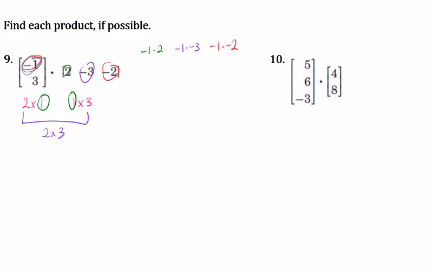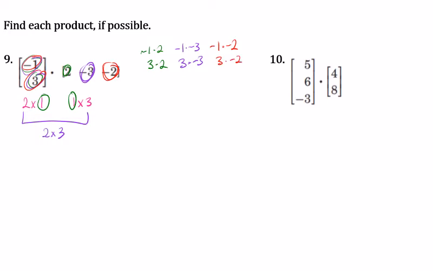So I'm going to do the same thing in the denominator, right? So I'm going to multiply 3 by 2, 3 by negative 3, and then finally 3 by negative 2.